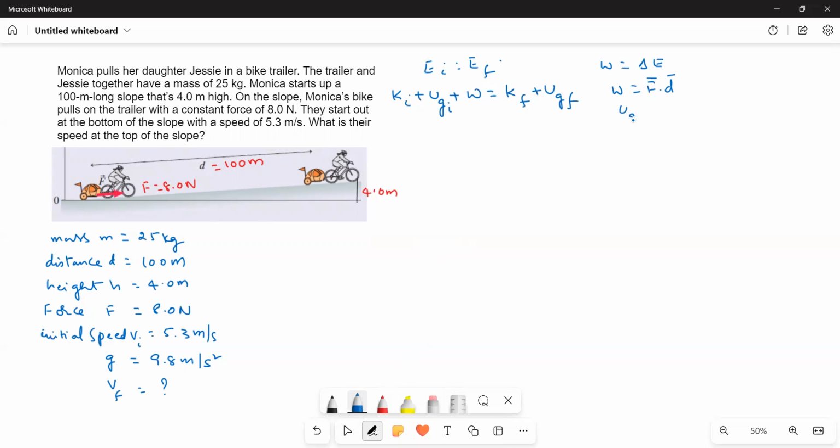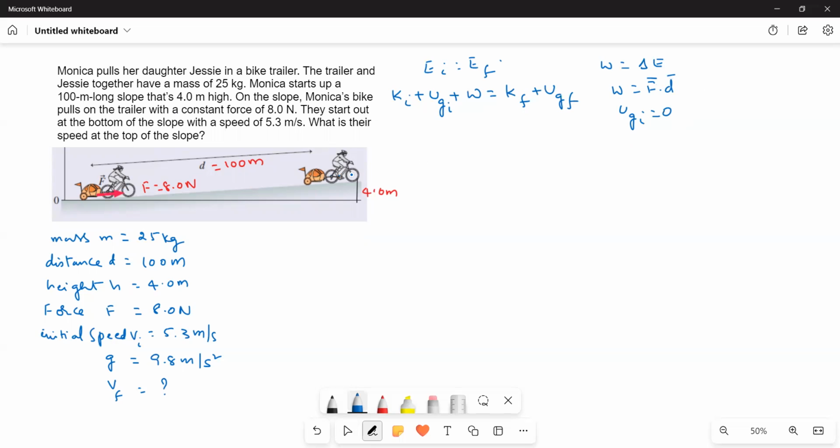Here Ugi is equal to 0 because there is no height here. So we are taking this point as the reference point. At the reference point, the gravitational potential energy is 0. And then initially the object has the velocity of 5.3 meters per second. That is why it has kinetic energy. And then work done: Monica is pulling the bike up the slope, therefore the work is done by Monica. Work done is equal to force times displacement.